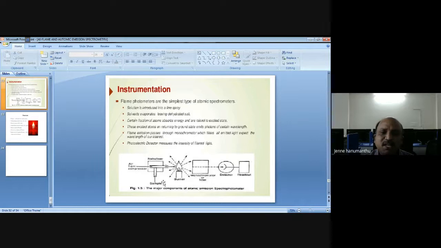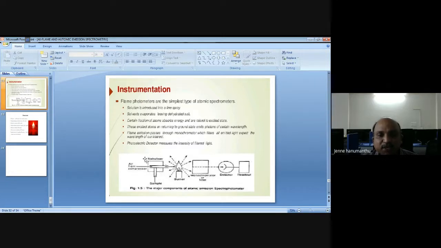So what happens in the nebulizer? The sample is generally in solid form, materials, atoms, molecules, and it enters the nebulizer.